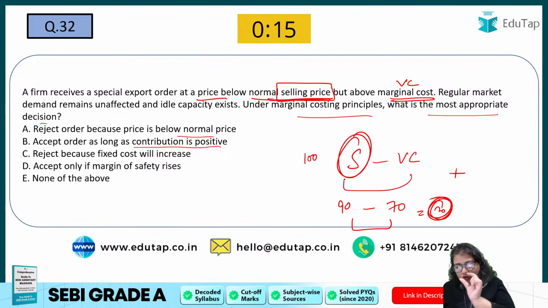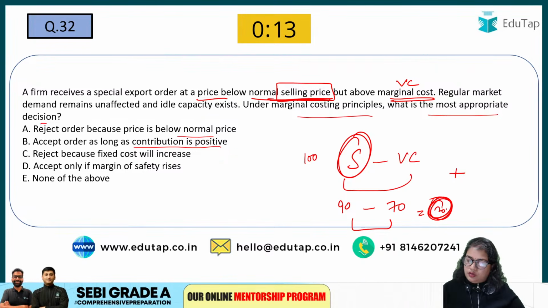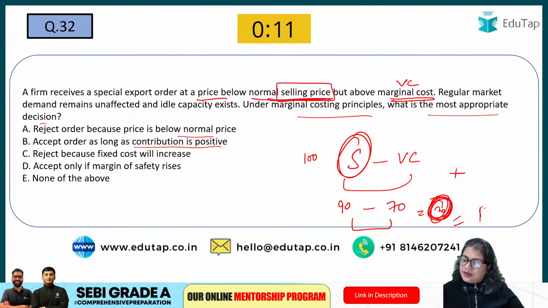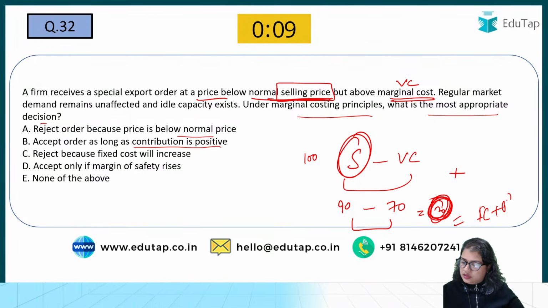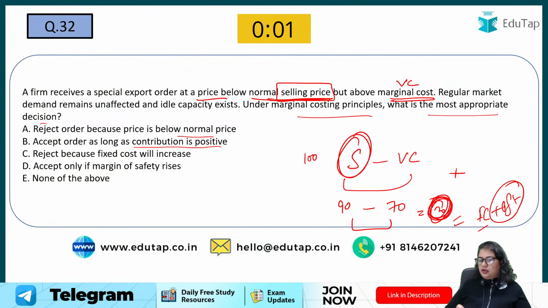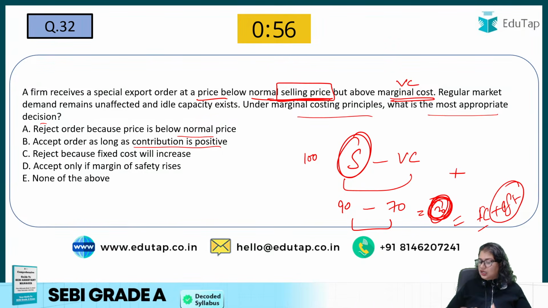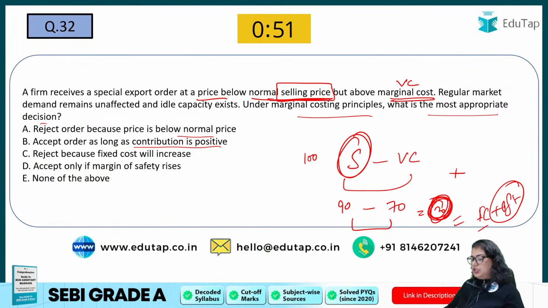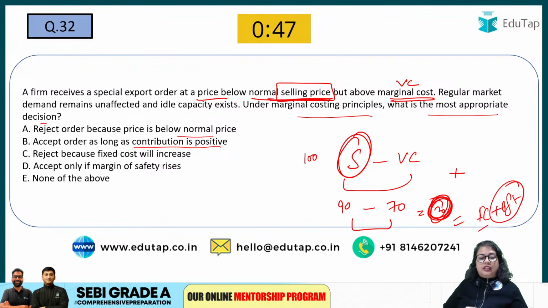Because this contribution of 20 rupees will cover some aspect of fixed cost, if not profit, so hence we will accept the order. Okay, because contribution will become high as the number of products increases, so there are high chances that my fixed cost will be covered, and of course I might reach the profit stage also. Am I clear? So the answer is B.